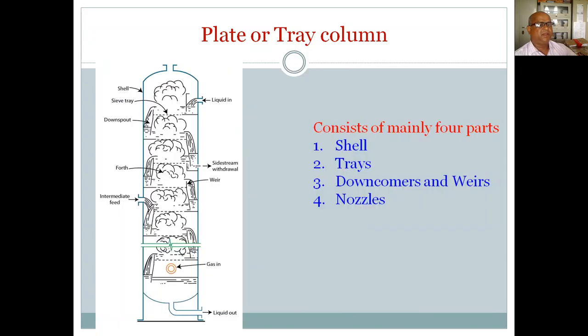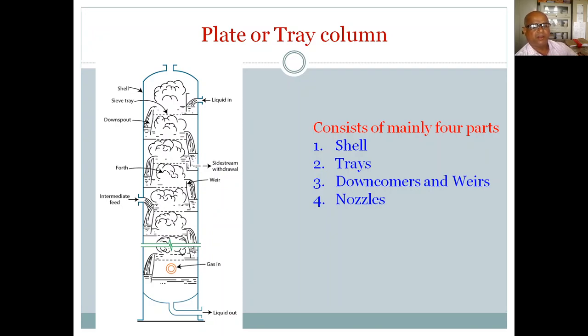So if I consider a plate or tray column, it consists of mainly four parts. First one is the shell. So this is the shell. From next semester onwards there will be two lab courses: process equipment design and drawing 1 and 2.